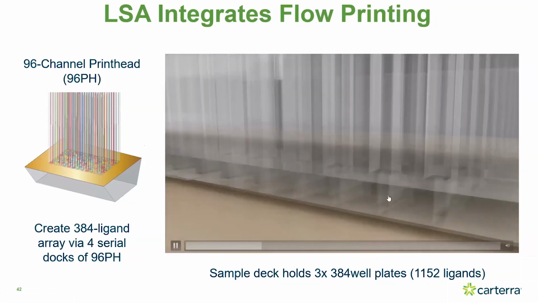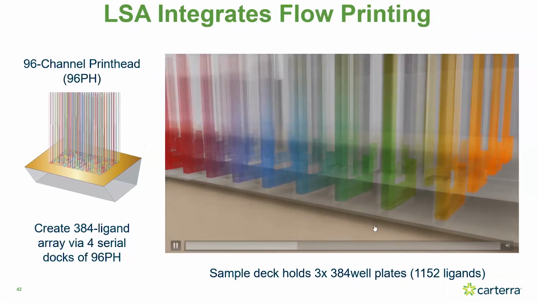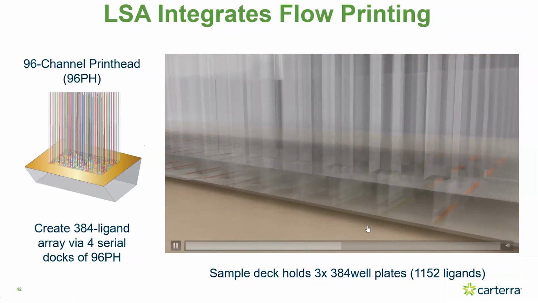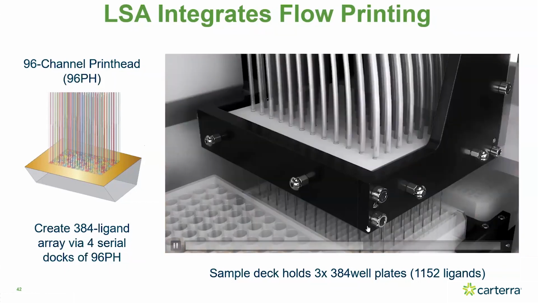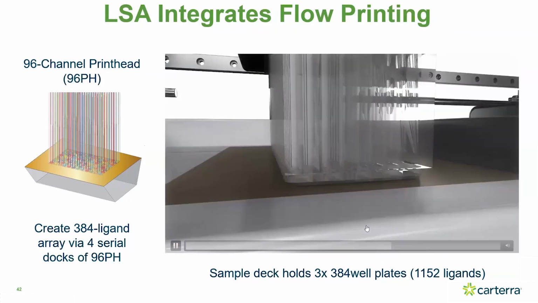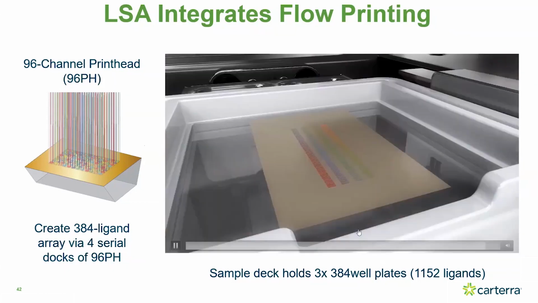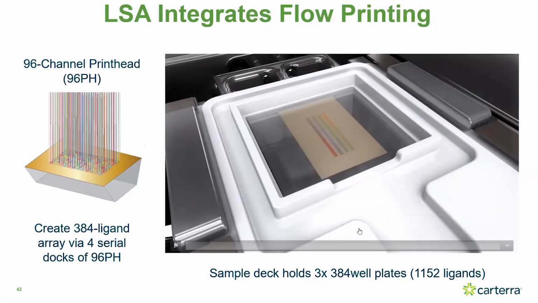So as we're seeing here, it's doing a 96 set, so 96 flow at once. The printhead can then undock from the chip surface. The needles can go to a new well, pick up new sample, and the printhead will index to an additional array location. If it does that 4 times, it creates the full 384 high-density array you're seeing here.